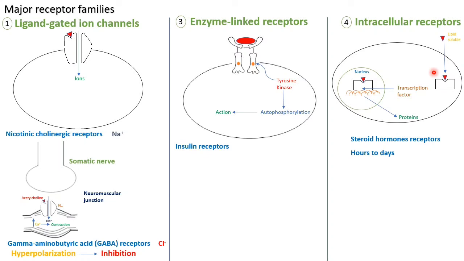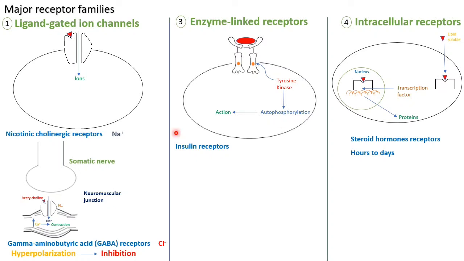It may take from hours to days because it depends on making proteins, or the synthesis of proteins, and these synthesized proteins would give the action. So the action is not direct from the ligand, but it's through the proteins that are synthesized from the action of the ligand. So intracellular receptors take hours to days in their action.